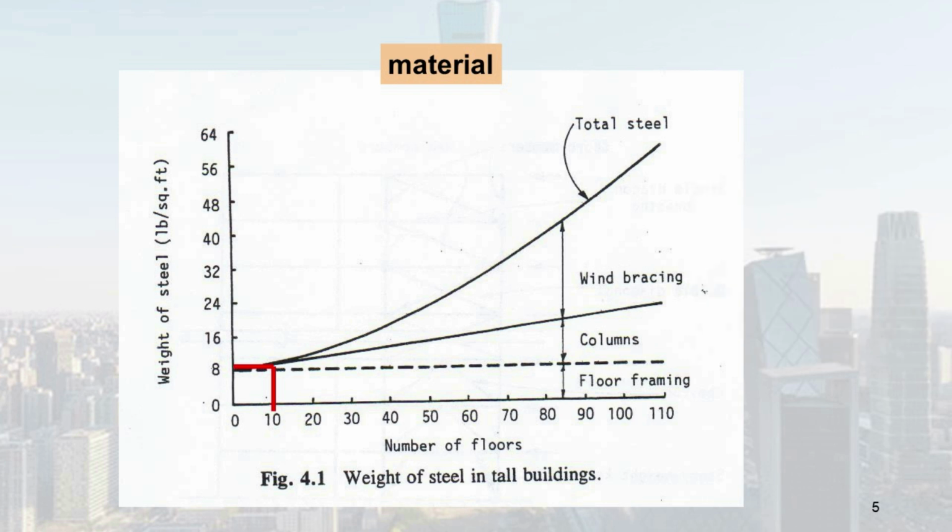For example, as you can see in figure 4.1, the weight of the floor framing is influenced mainly by the floor span and is virtually independent of the building height. Meanwhile, the weight of the columns, considering gravity load only, is approximately proportional to the height.